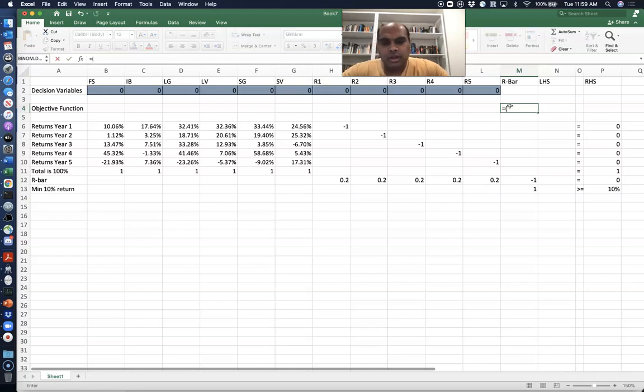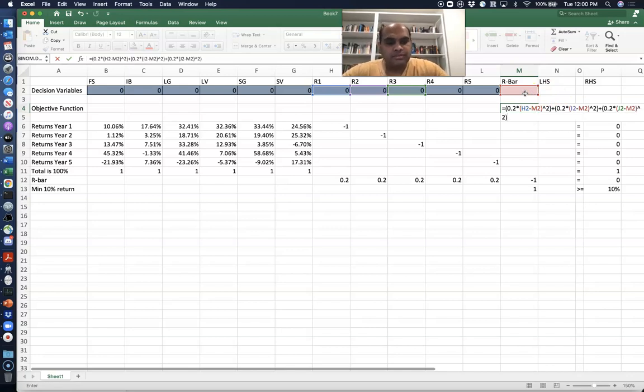So the objective function is 1 over 5, so 20%, times (R1 minus R bar) squared, plus, let's put all of this in parentheses, another 20% times (R2 minus R bar) squared, plus another 20% times (R3 minus R bar) squared.